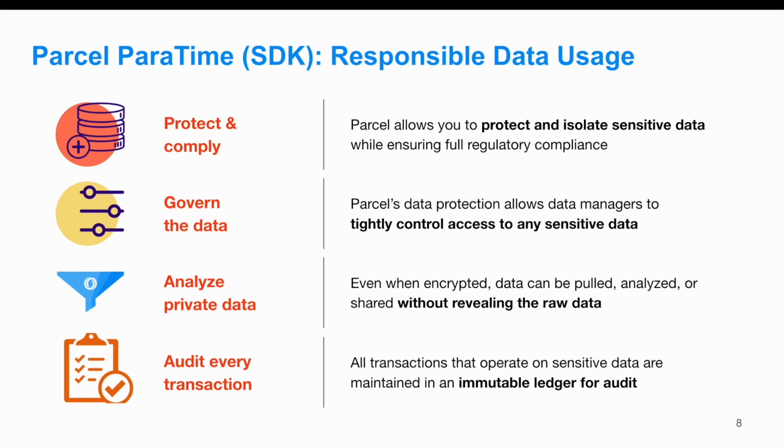And all the transactions that operate on sensitive data are typically maintained in an immutable ledger, if you have some audits and if you want to have some verifications and so on. So Parcel Paratime is more focused on, let's say, documents with privacy.